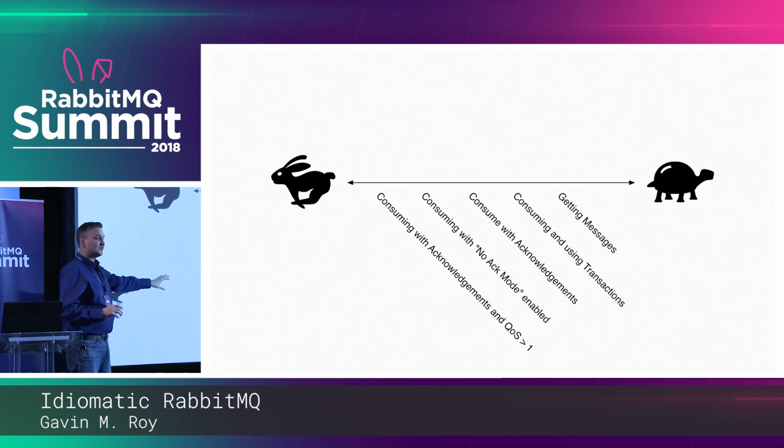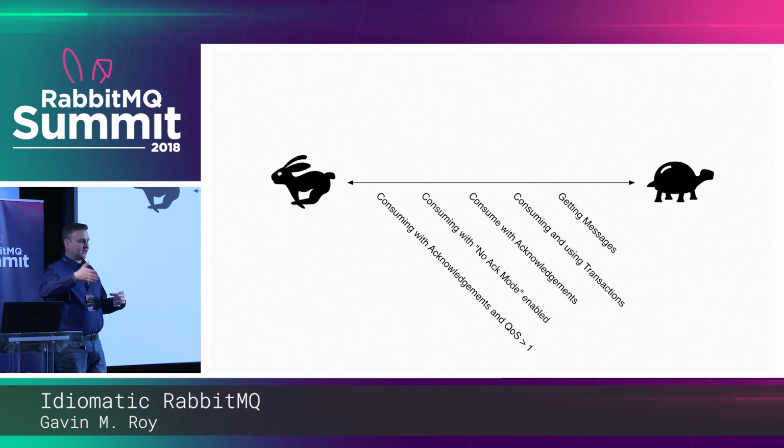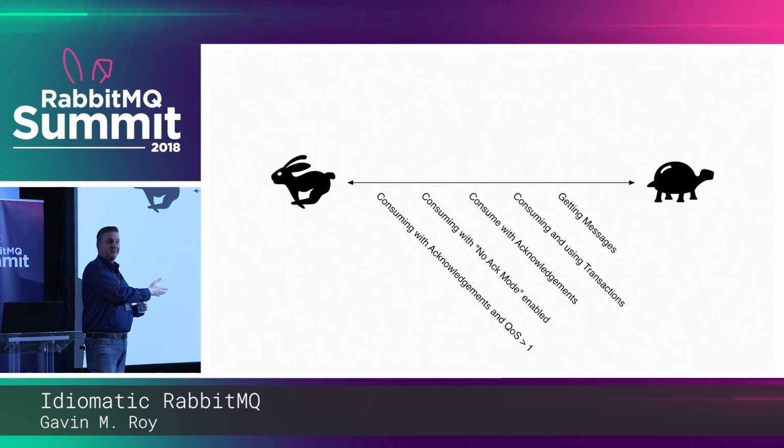But a common mistake is to say, okay, I want you to send me messages as fast as possible, so why don't you send me 100 at a time? Now the problem with doing that is, let's say that you're trying to parallelize. So you have 100 consumers on a queue that have all said, give me 100 messages ahead of time, and then they can only process one message a second.